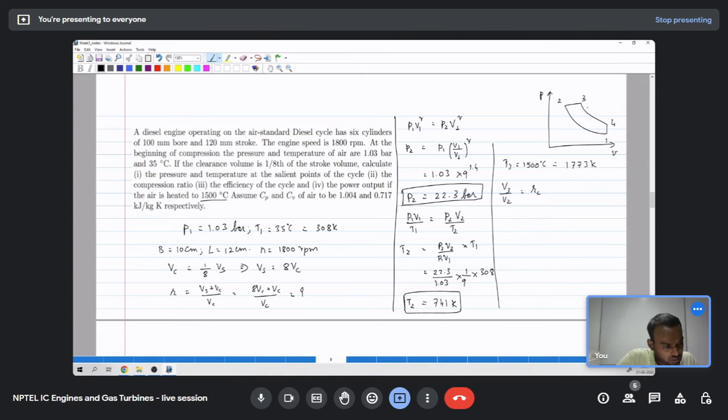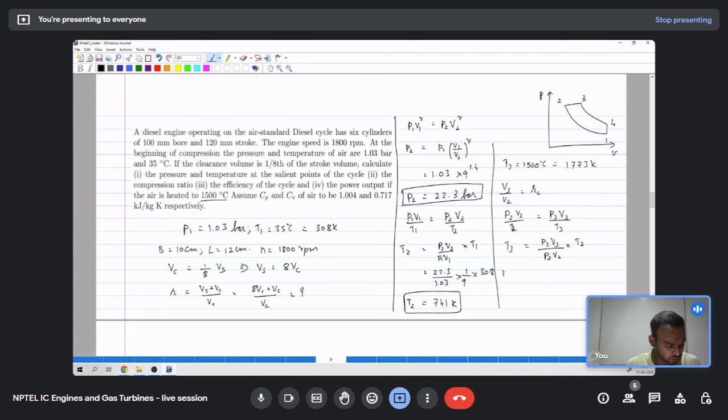Now between 2 and 3, if I write the ideal gas equation, I would have P2 V2 by T2 equal to P3 V3 by T3. To calculate V3 by V2, I have P3 V3 by P2 V2 into T2.